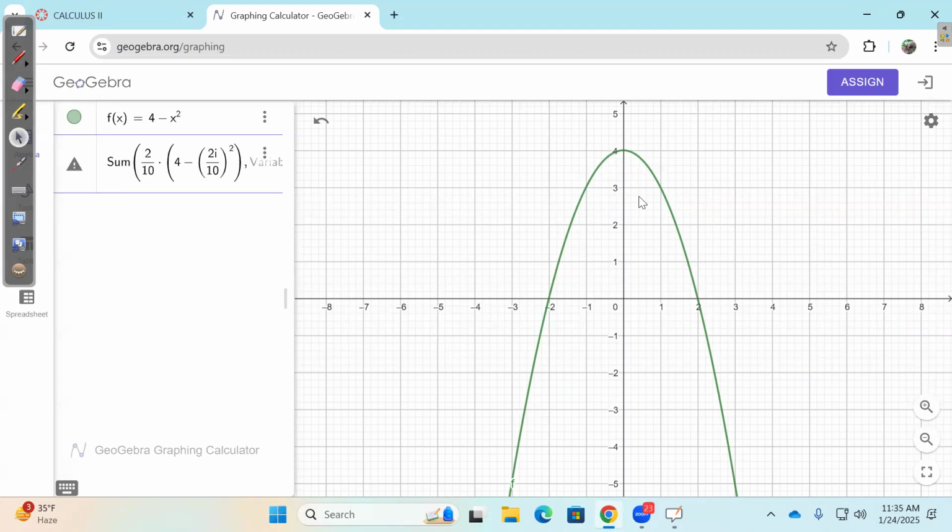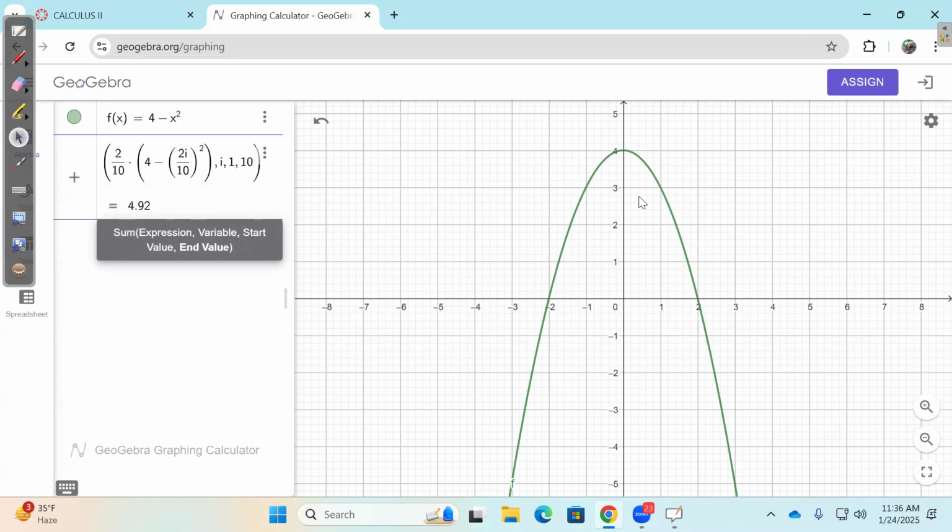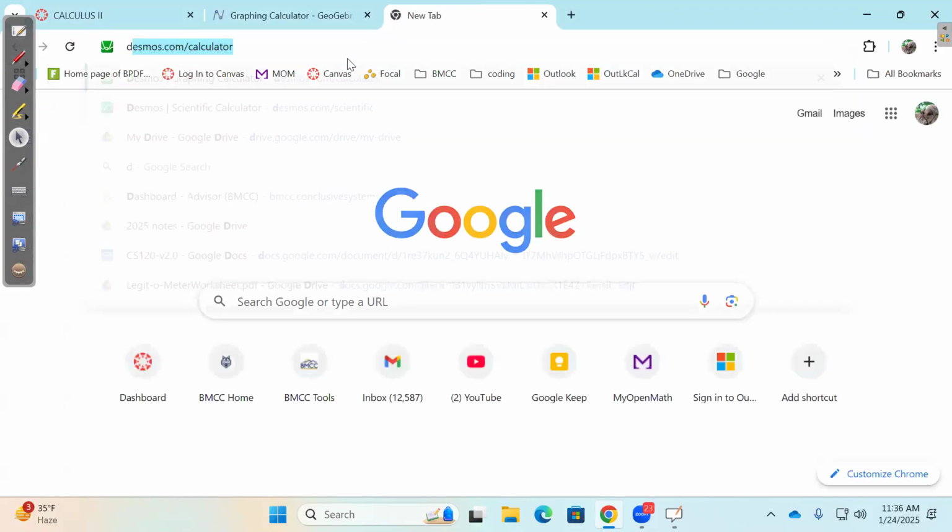So GeoGebra is a little clunkier for typing in sums. Do I have that right? No. My variable is i, starting at 1, and going to 10. I'm getting 4.92, if I typed it right. Anyone else get that? Yeah. And again, some things GeoGebra does better, some Desmos does better.